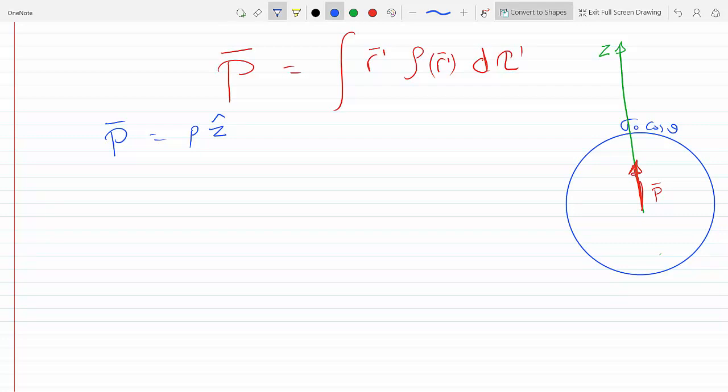And how do I find P? Well, I'll give you more hints here. If you're along the Z direction, then obviously r prime is z, so it becomes the integral of z rho d tau.